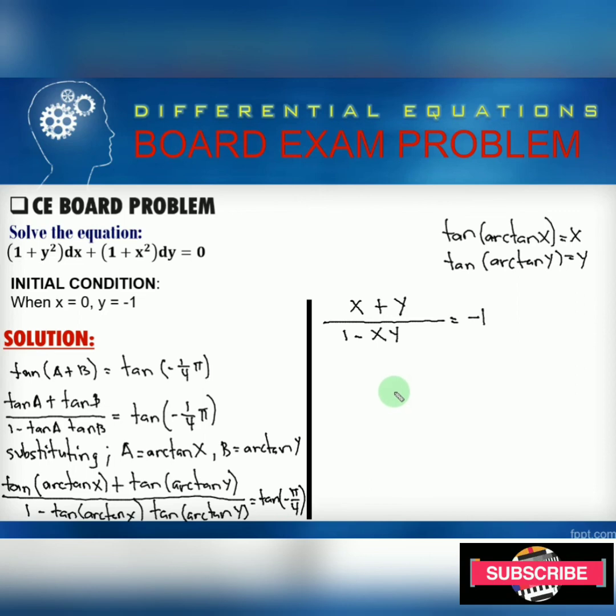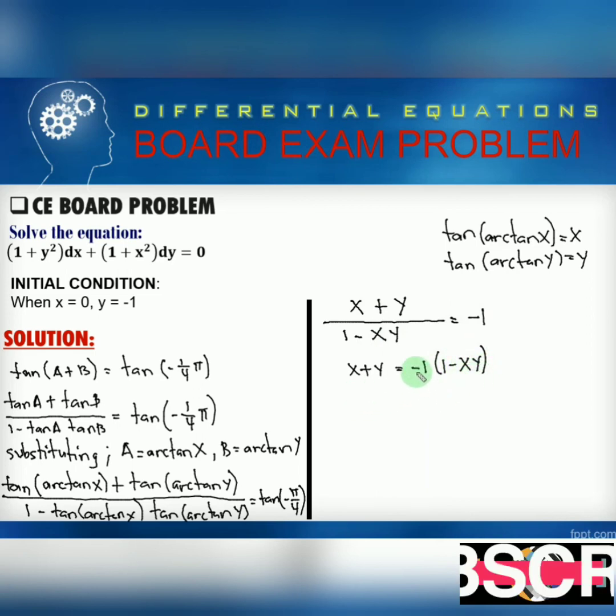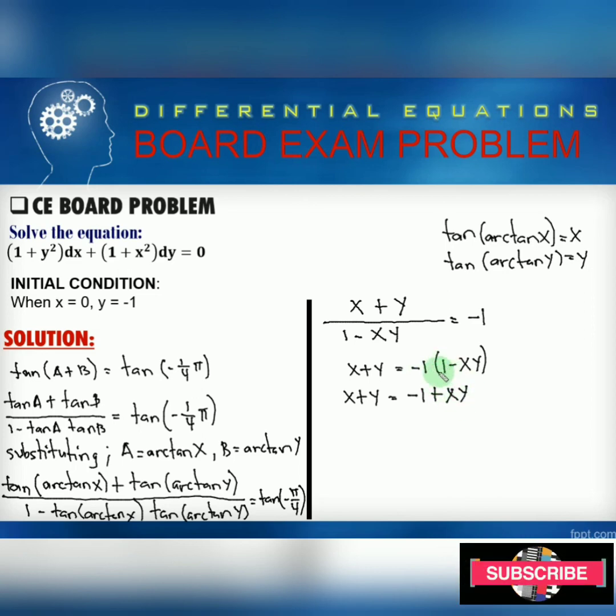So simplifying this one, we will have this form: X plus Y is equal to, we cross multiply, negative 1 times 1 minus XY. And then distributing this, we will have X plus Y is equal to negative 1 plus XY, since negative times negative is positive. So X plus Y is equal to XY minus 1.